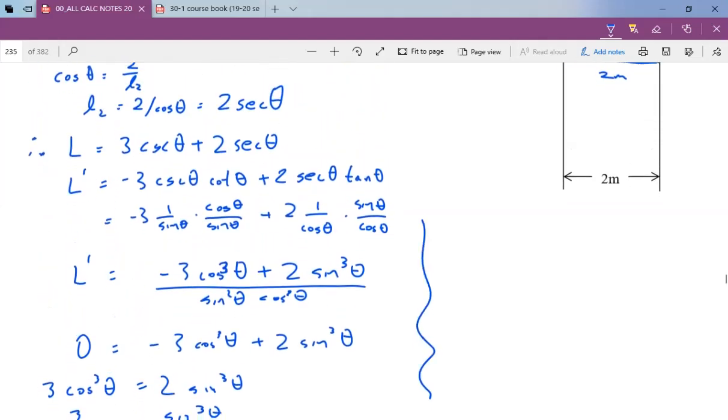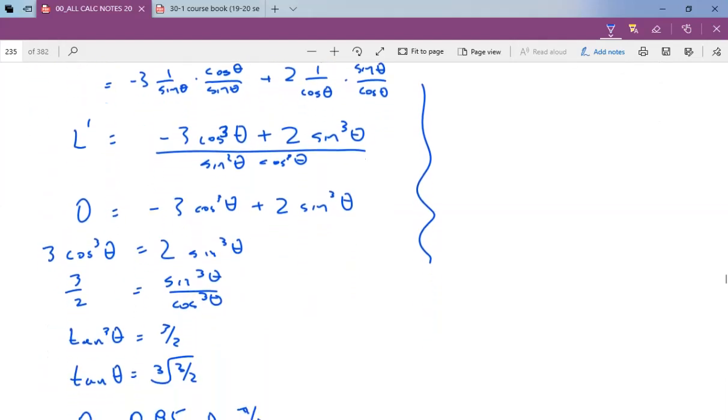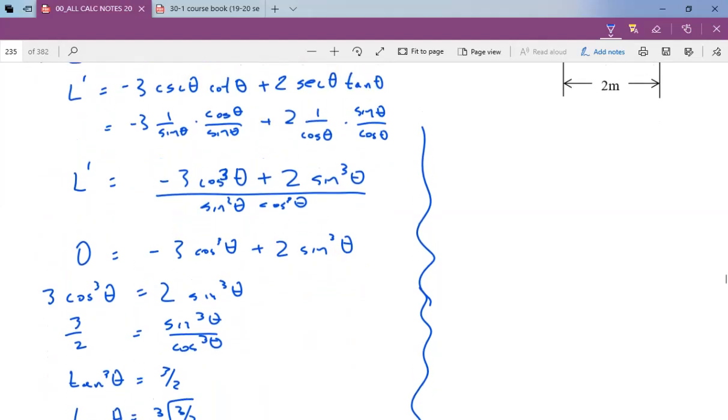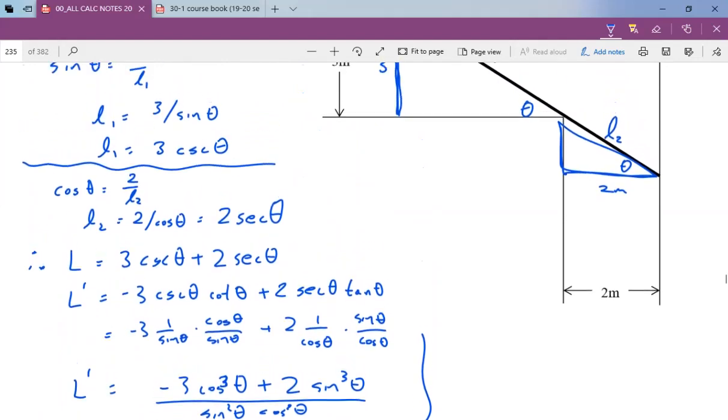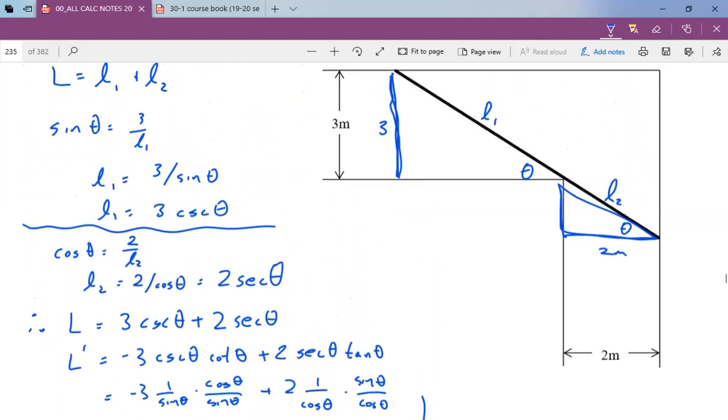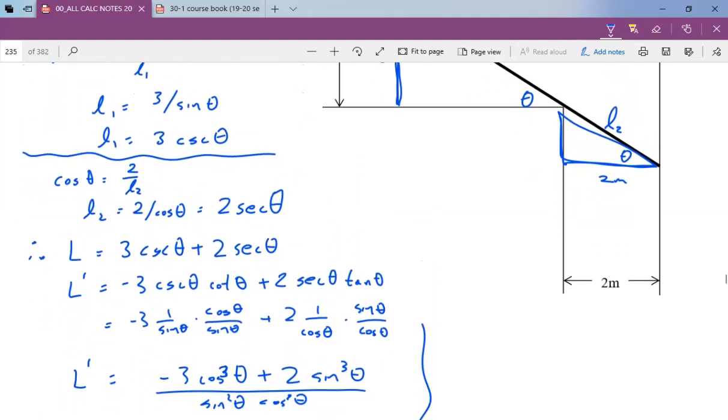All right, so let's continue over here. But what's our domain for theta? What is theta allowed to be? Well, theta has to be between 0 and pi/2, right? It can't be 0 degrees.